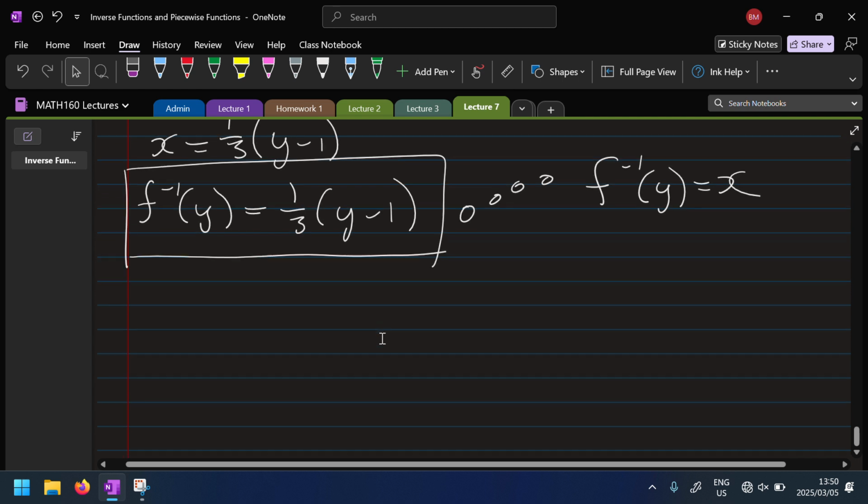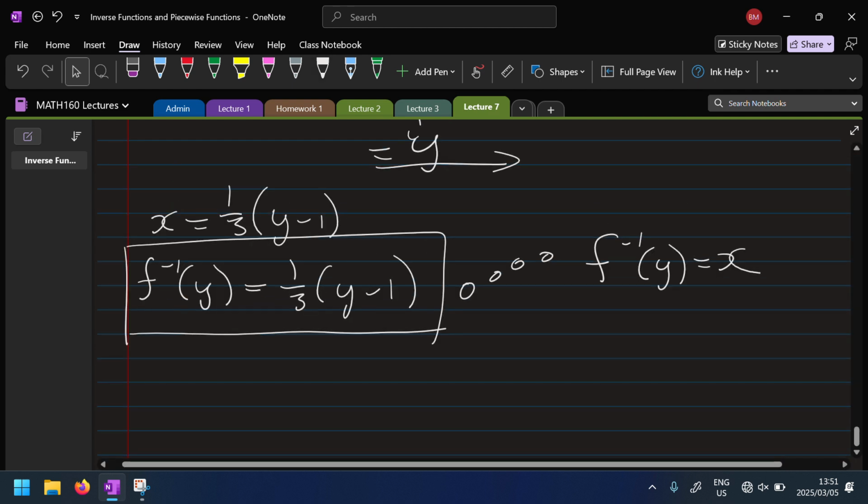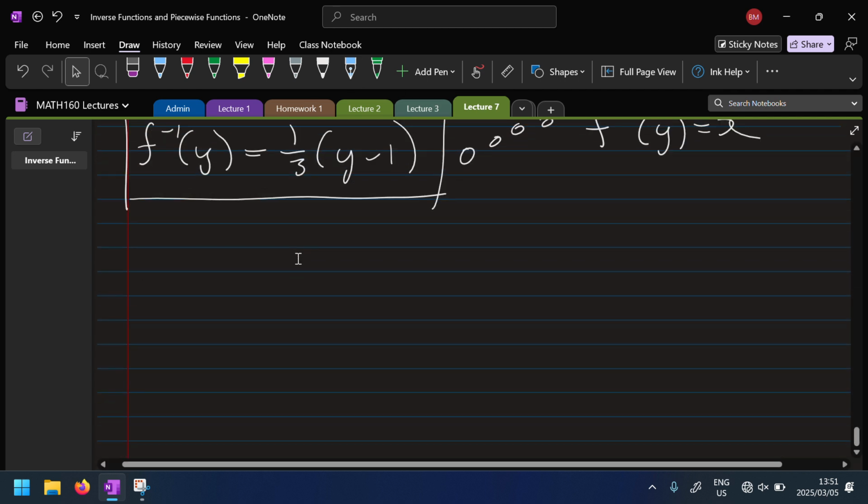Later on, we will be looking at inverse trig functions, but we're not going to be solving for them. We're just going to be looking at some pictures, taking derivatives, and so on. Actually solving for f inverse will only be up to a quadratic. The tutorials may be more complicated. Assessments are only quadratic. Just keep that in mind.